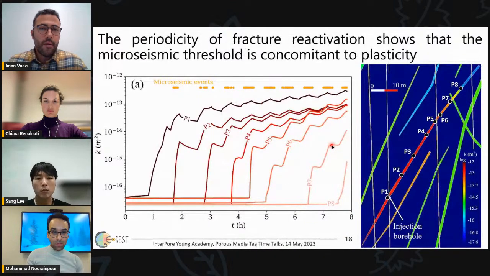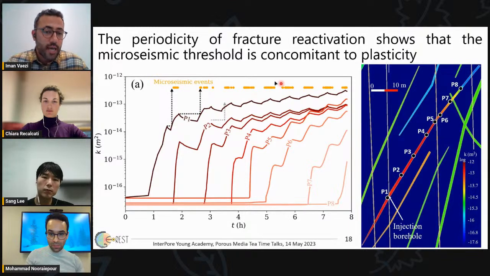We choose some observation points to monitor permeability evolution along the fractures. Permeability enhancement occurs 50 meters away from the injection well in the injection cycle around 8 hours, coinciding with a swarm of microseismic events.